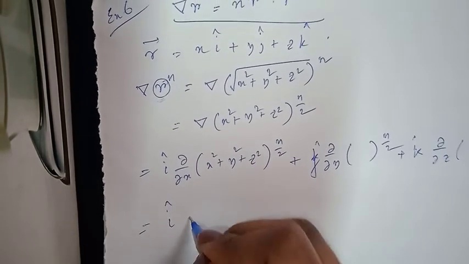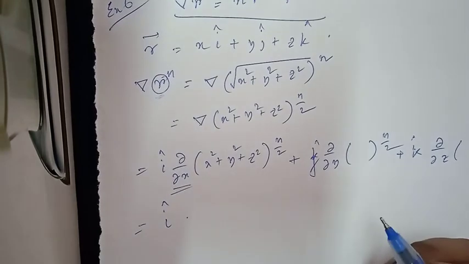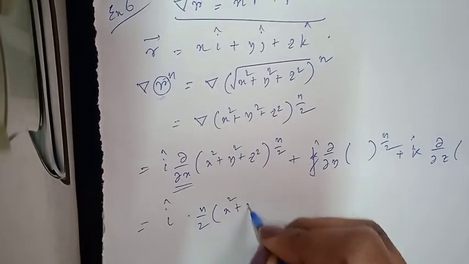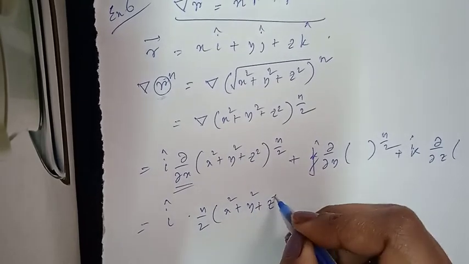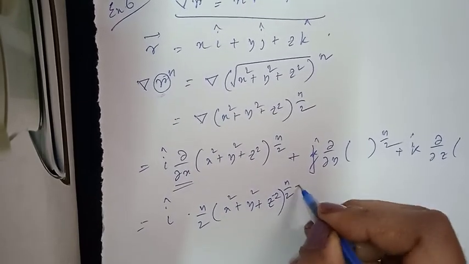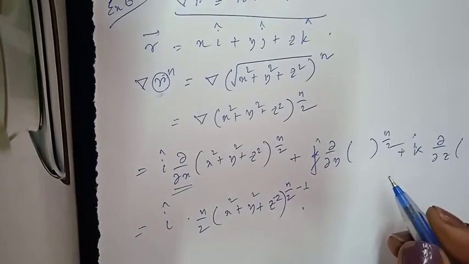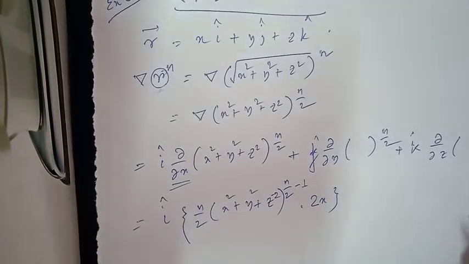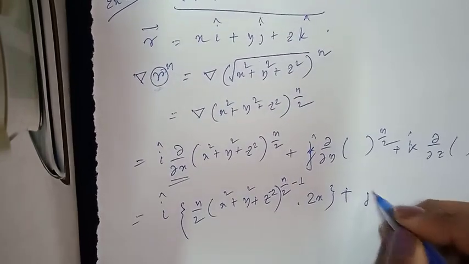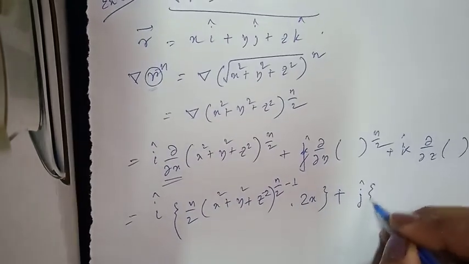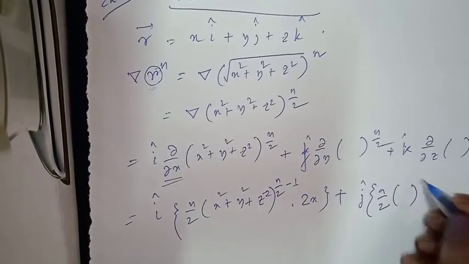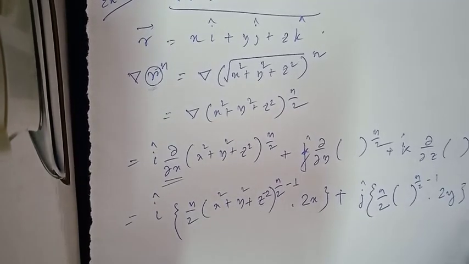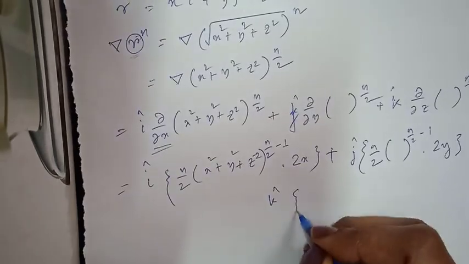That will give you partial differentiation with respect to x. So n by 2 into x square plus y square plus z square, whole to the power n by 2 minus 1, into the derivative of x square, which is 2x. Plus for j cap we will get the same thing, n by 2 into this whole thing to the power n by 2 minus 1, into 2y, plus k cap the same thing.